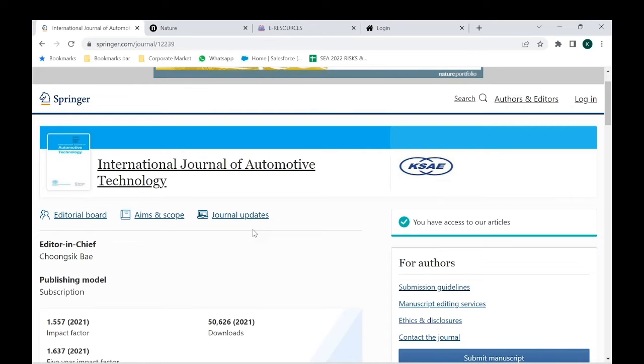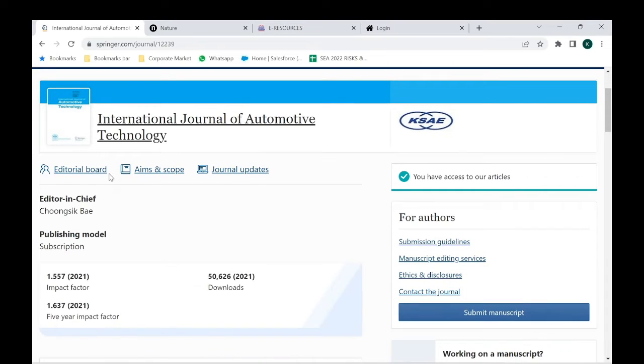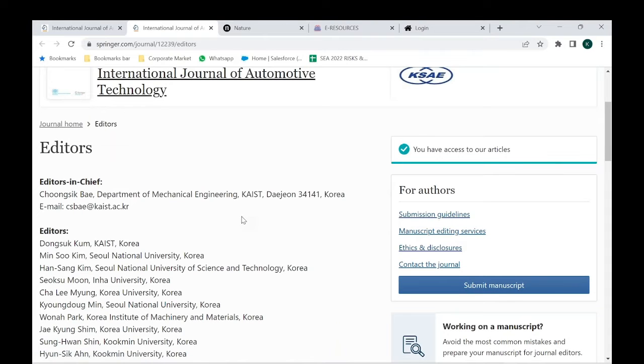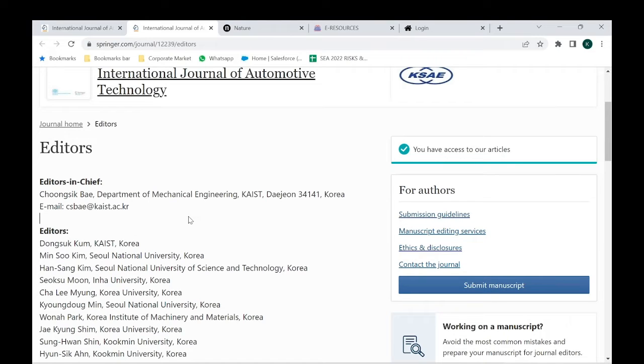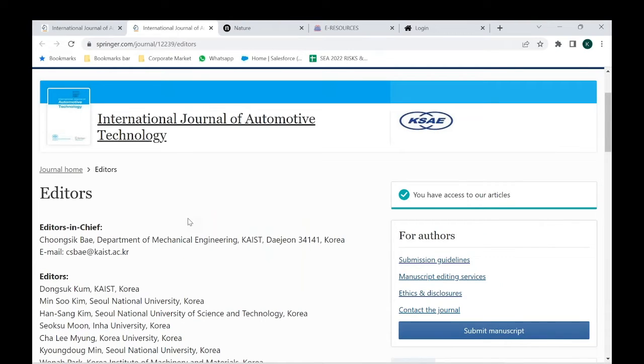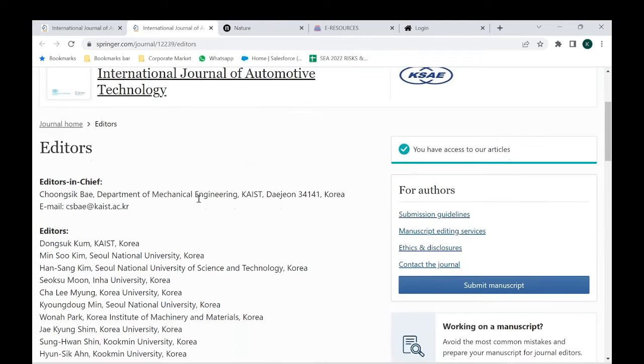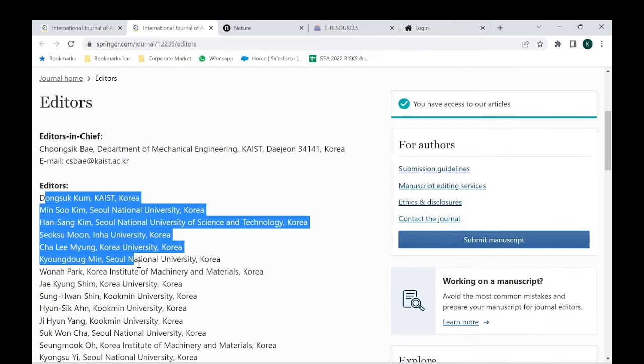So there are other ways of doing so, and one of them is usually to look at the editorial board. The editorial board helps give some personality and some validation behind the trustworthiness of the journal. For example, if you are a researcher or a student and you've been doing a lot of reading in this area of interest, in this case automotive technology, you might have come across some of these names before.